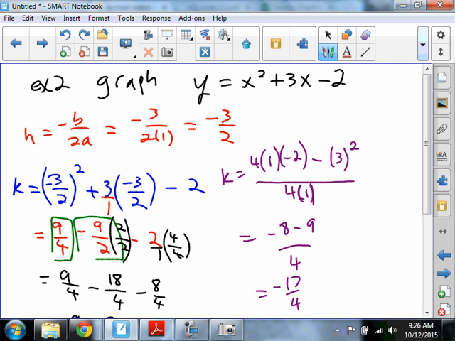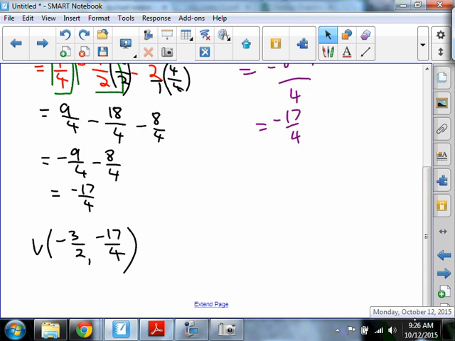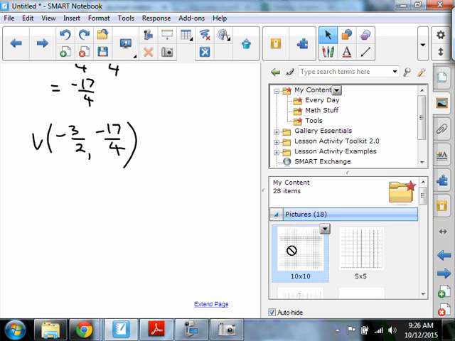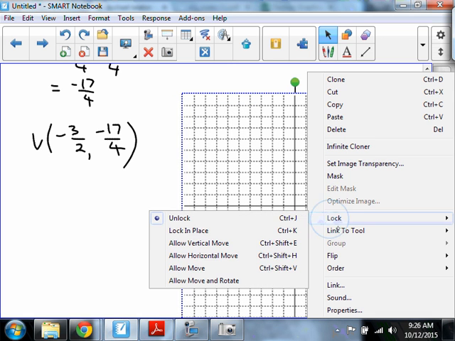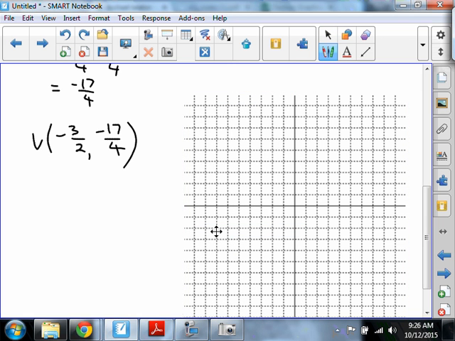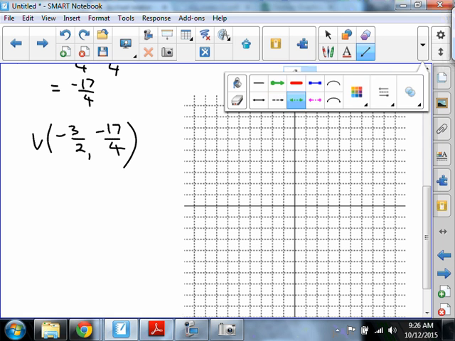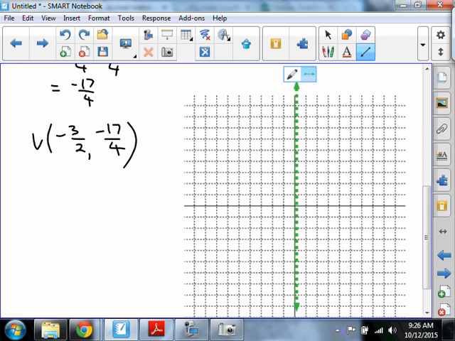But we haven't graphed this yet. But the good news is we know where our vertex is. So our vertex, isn't that kind of like our starting point? Isn't that where we begin graphing this? So here comes my axis of symmetry. My axis of symmetry is going to be right there, right? Negative 17/4.